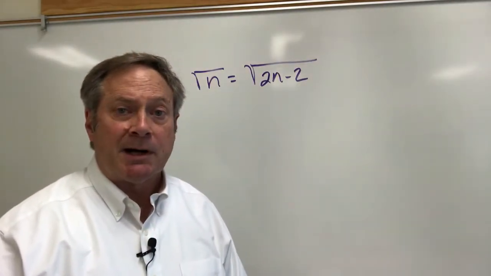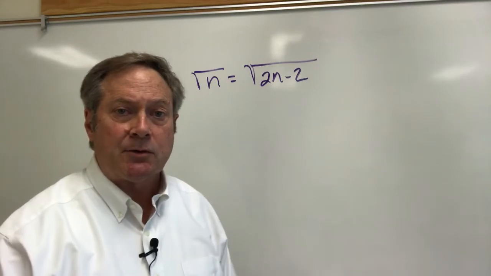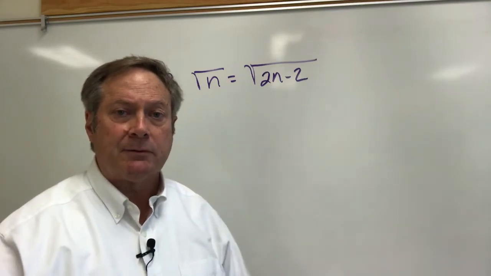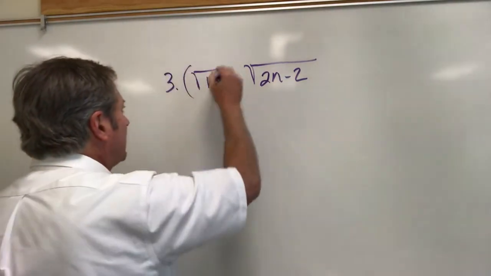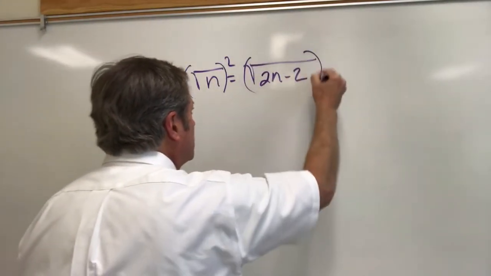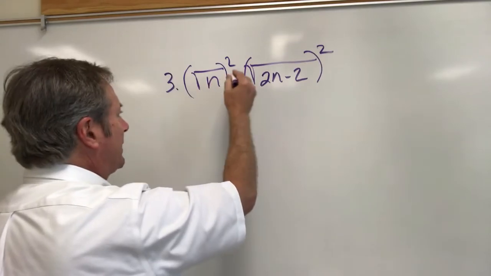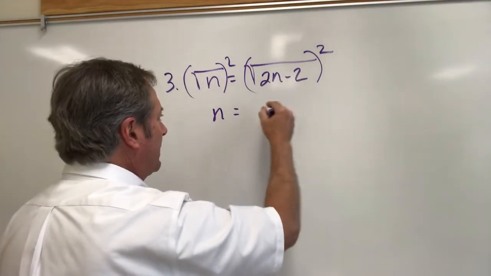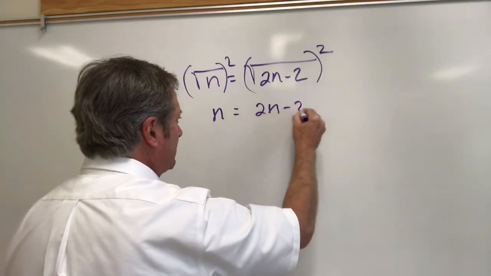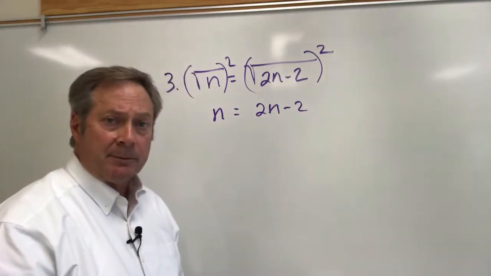All right, in this problem both sides of the equation are under the square root sign, so to undo that we're going to square both sides like so. And square root of n squared is n. Square root of 2n minus 2 squared is just 2n minus 2. So we've got really a basic equation.